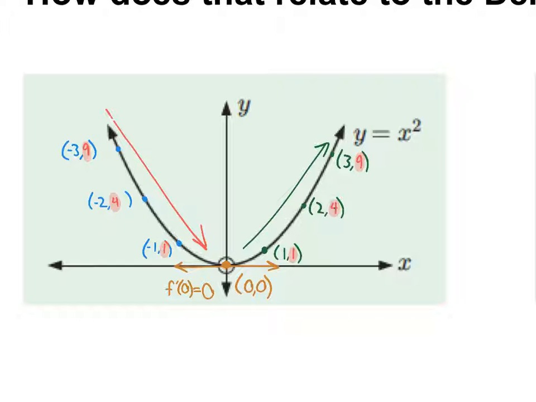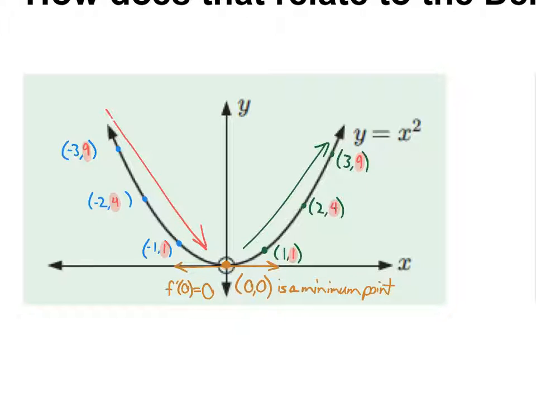That's a turning point. Or we could call it a minimum point. And that's one of the things that we're going to look at more in depth today, how do we find these minimum points, or what do they actually do for us?